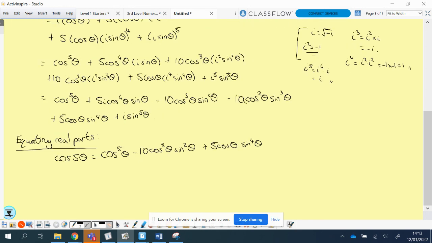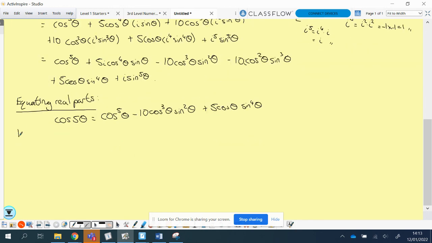Okay, so if we do the opposite, so if we do it for imaginary parts, we'll get the next one. So equating imaginary parts. Well, our imaginary part of the complex number was sine 5 theta. And this is going to be equal to everything that did have an imaginary part in it. So the second term did, so the second term was 5i cos to the power 4 theta sine theta.